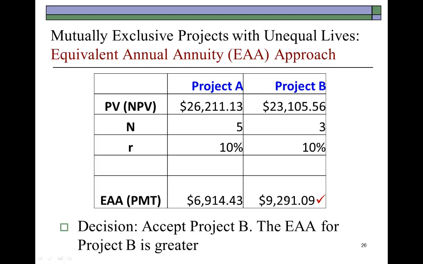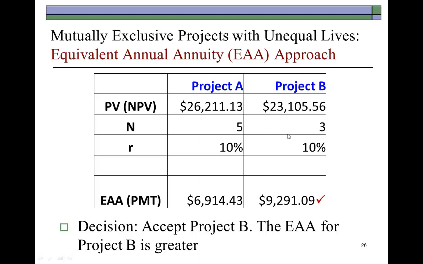Because what this is saying is that while for A, each year within the next 5 years, we can expect to earn $6,914 and change, that for B, each year within the next 3 years of operation, we can expect to earn even a much higher amount of $9,291.